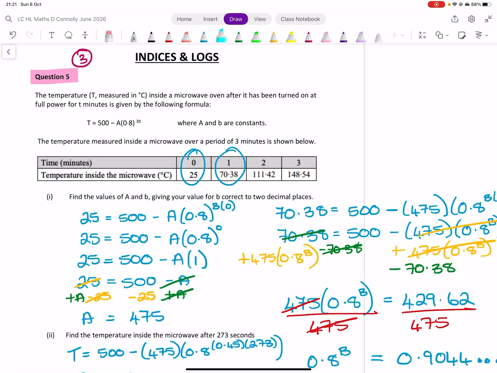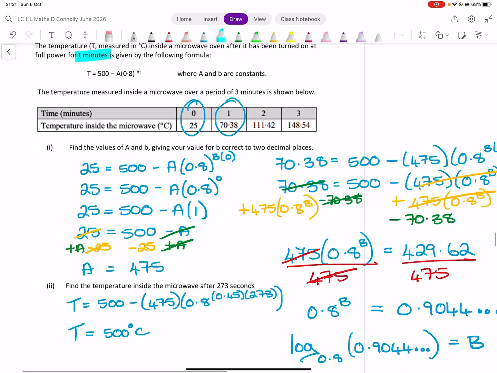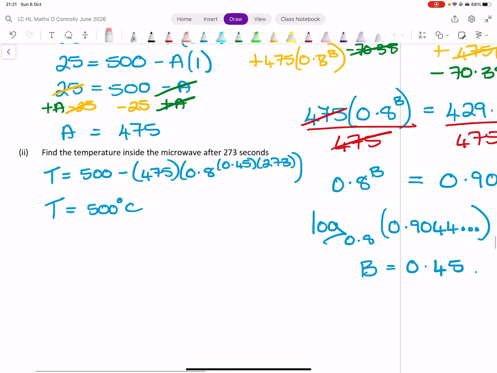Sorry, I know what I did. The time has to be in minutes. Okay, so that's where I'm wrong. I knew that didn't make any sense. So the time has to be in minutes. So 273 divided by 60 is 4.55 minutes. So put that in there. That should make a bit more sense.